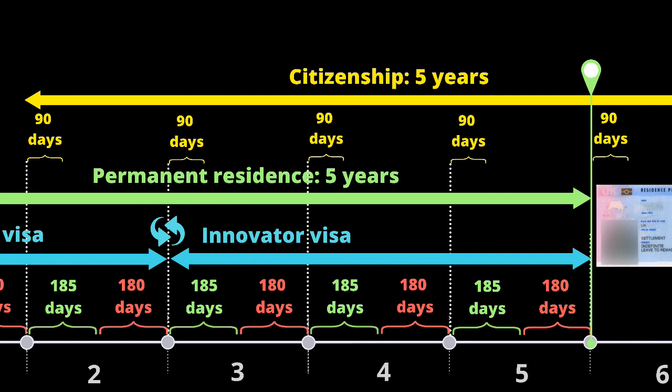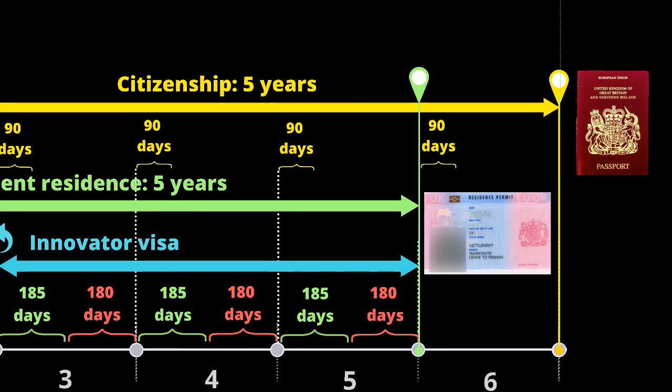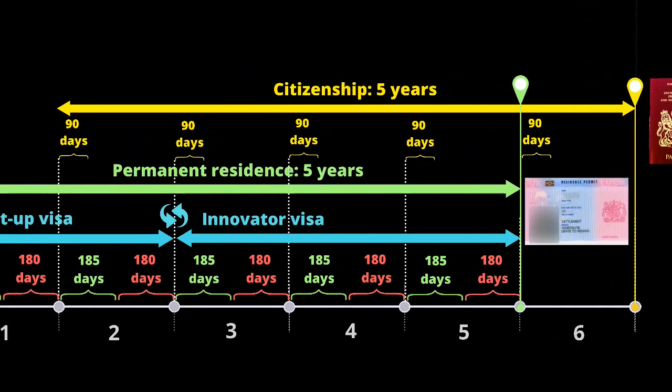Of course, if you go straight onto the innovator visa, then it'll be year 3. And then you need to spend an extra year in the UK until you get to British citizenship. So in other words, until the point at which you qualify to naturalize as a British citizen. So that's the typical journey.